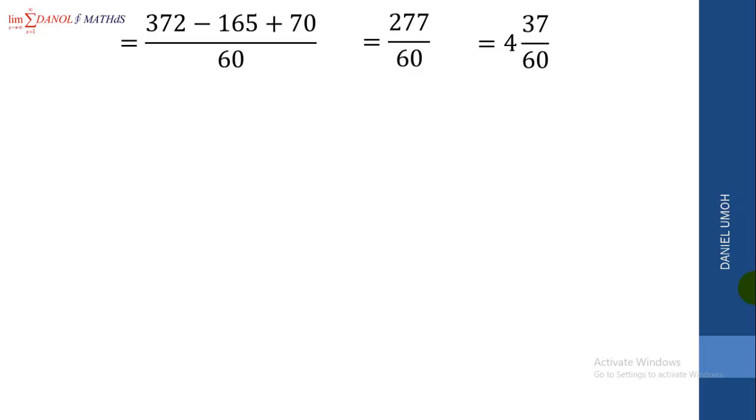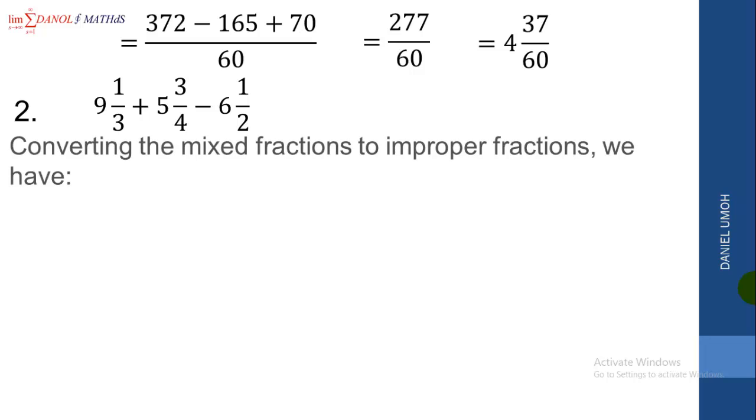Okay, let's look at this other example again. The example says 9 whole number 1 over 3 plus 5 whole number 3 over 4 minus 6 whole number 1 over 2. Of course, they are all mixed fractions. So the first thing we are going to do is to convert the mixed fractions to improper fractions.